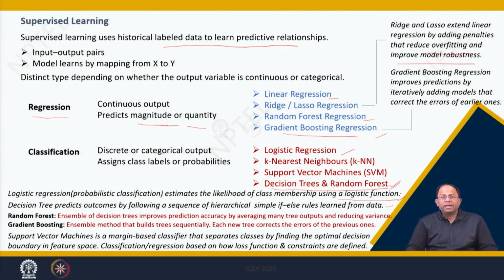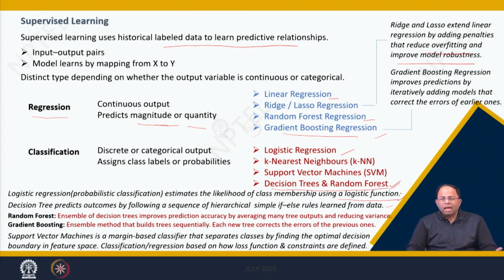Now, random forest and gradient boosting are ensemble methods. That means it's a mixed method where we are mixing different kinds of methods together to come up with the final solution. A random forest is an ensemble of decision trees, which means we are taking several decision tree models.